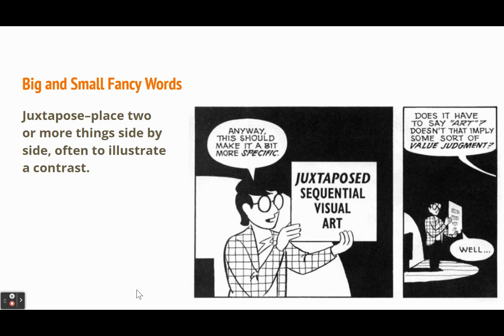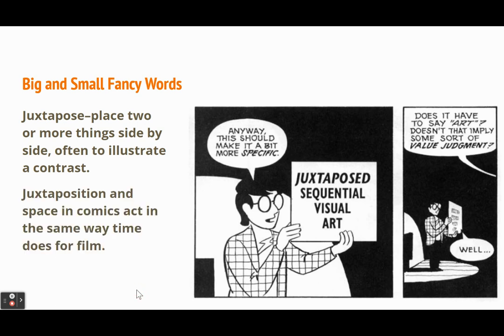Sometimes things are juxtaposed, one is right side up, one is upside down, but when you put things in juxtaposition, you are using them to illustrate something about each one. Juxtaposition and space in comics act the same way that time does for film.